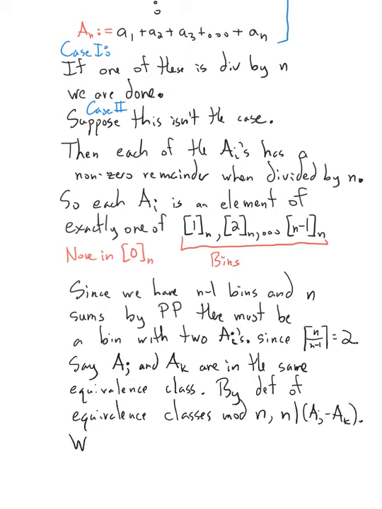And let's say, without loss of generality, assume that K is the bigger one. Remember, J and K, let's be careful here. They're different elements, so we don't want J and K to be the same number. One of them is going to be bigger. Without loss of generality, let's say K is the bigger one. Okay.